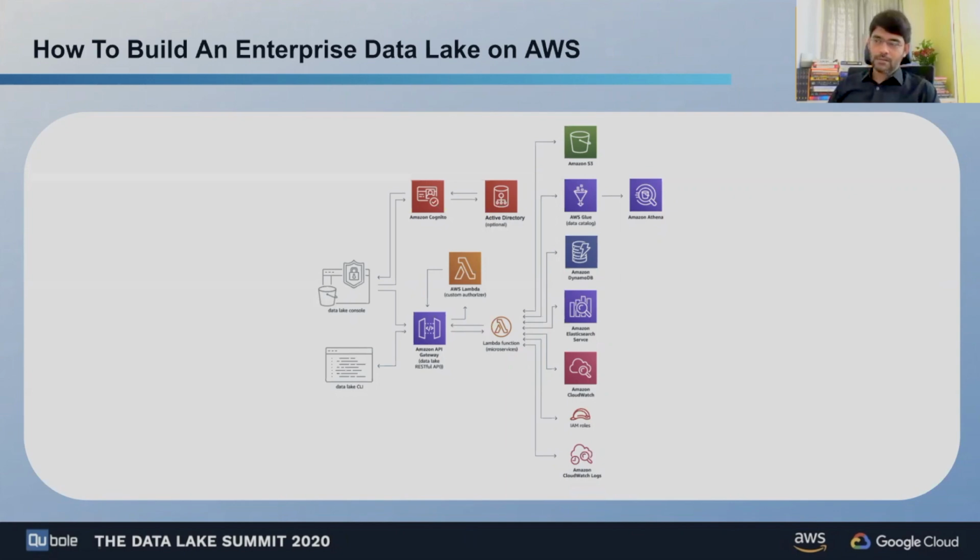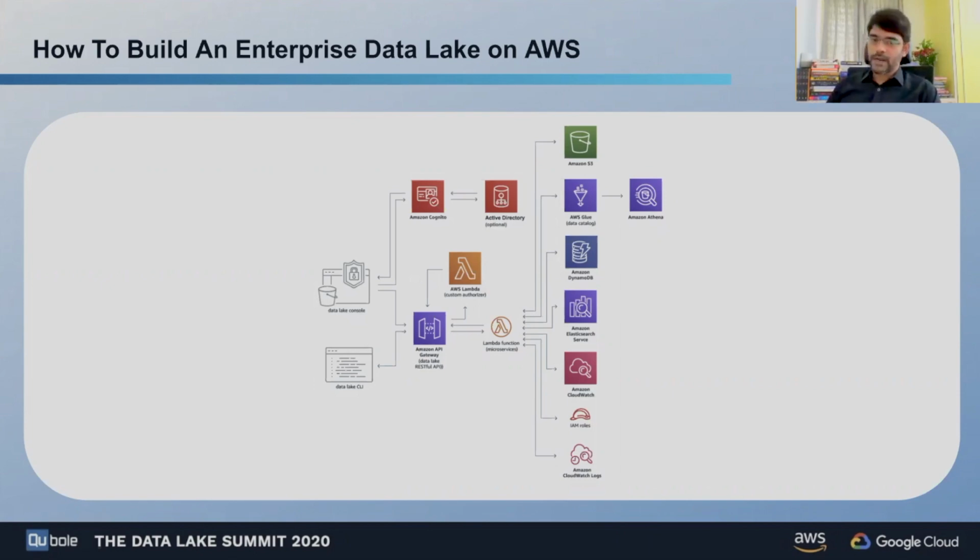So basically, it is a management and control interface for the data lake, right? As you can see, there is a data lake console, kind of like a static page, and also the data lake CLI. If you'd like to interact with your data lake via the CLI, both of these are available. It's part of the CloudFormation template. And for access, the Cognito service is used for providing sign-in and authentication for your small application, that is, the interface to your data lake.